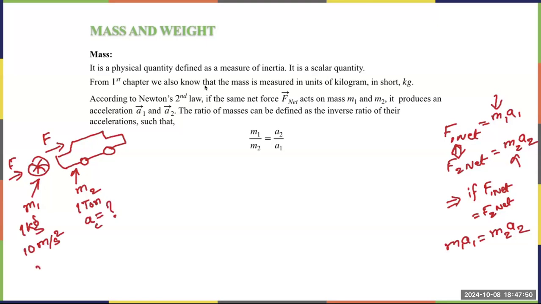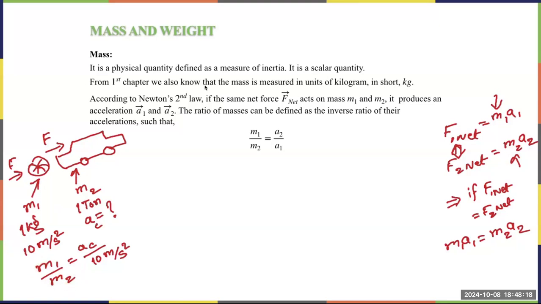Then I know m1 over m2 equals the acceleration of the car over 10 meters per second squared. So since I know this ratio of m1 over m2, now I will know what my acceleration will be. Now 1 kilogram divided by 1 ton, which is like 1,000 kilograms, right?